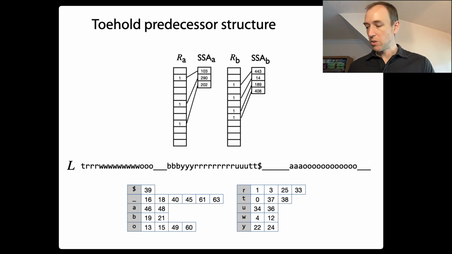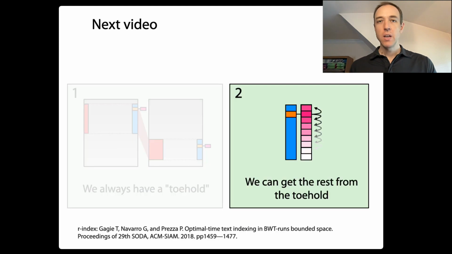And associated with all those heads and tails in this data structure are the suffix array samples for the suffix array entries at those heads and tails. So this is the only real, complicated data structure that we need to be able to maintain a toehold at every step of backward search. So that is how we do part 1, the maintaining of the toehold at every step of backward search.